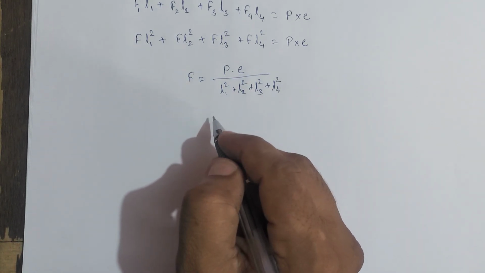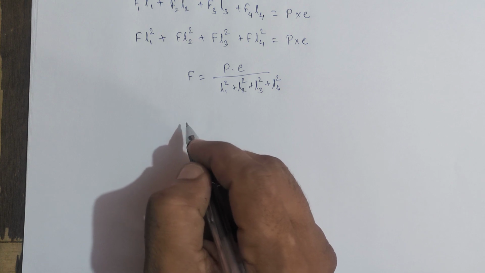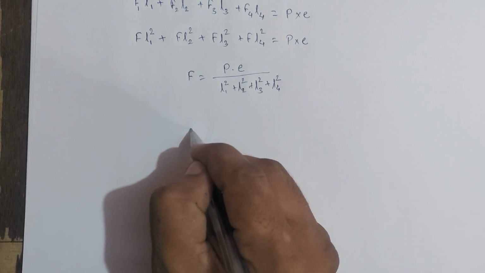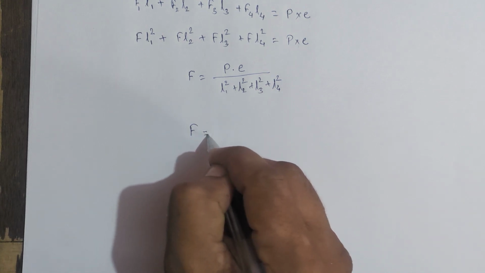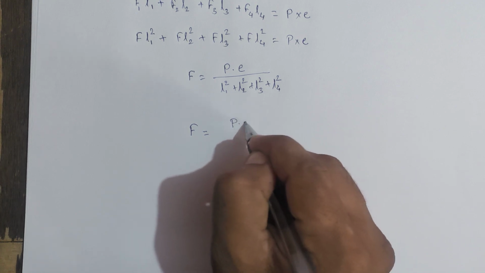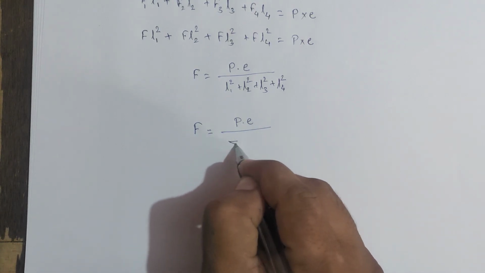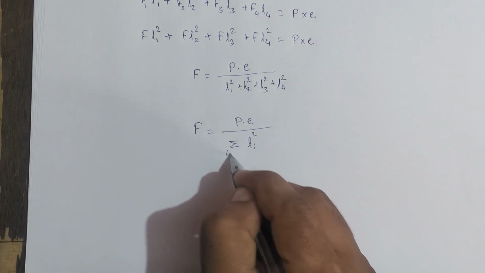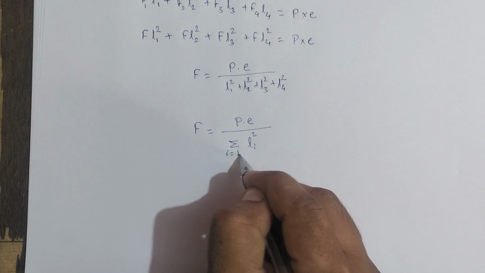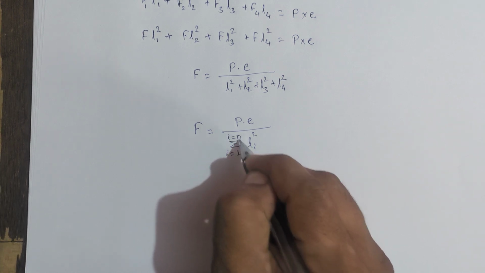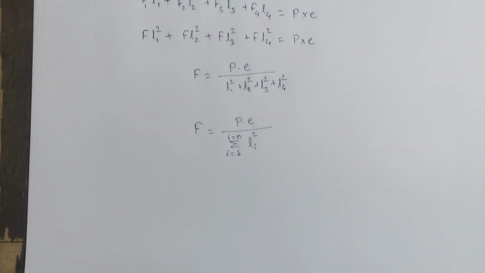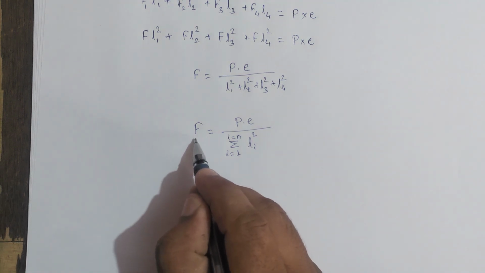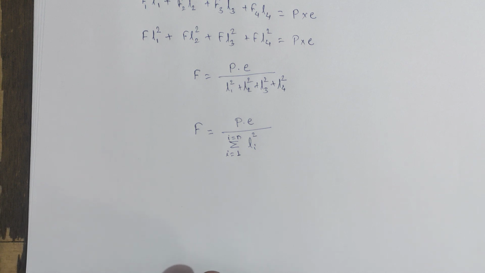So this is the equation when there are 4 bolts. If you make this a generalized equation, then we can write it as F equals P into E divided by summation of Li square, where i is equal to 1 to i is equal to N. So this is a generalized equation to calculate the force F, and this force is nothing but the force per bolt per unit length.